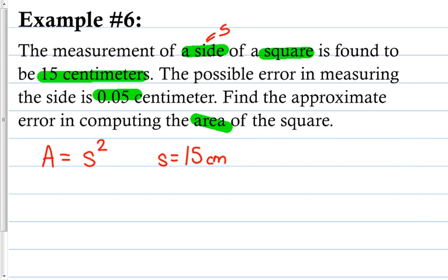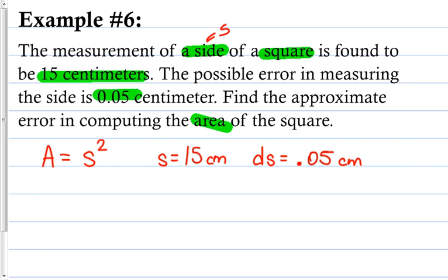They're telling me there's an error in the side, or a change, so I'm going to call that ds, and it is 0.05 centimeters. Find the approximate error in computing the area of the square. Because of that change, there's an error in computing the area of the square.